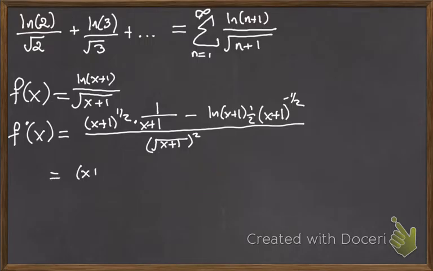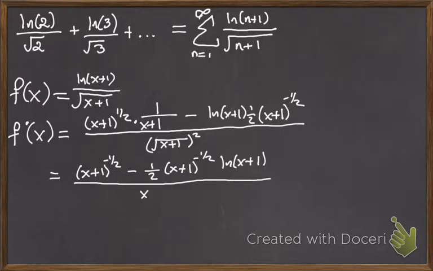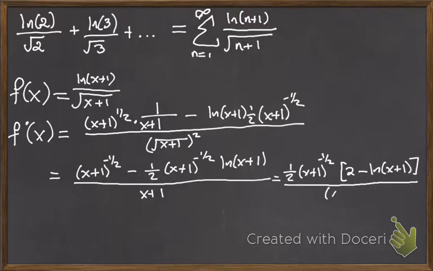So we're going to have x plus 1 to the minus 1/2 power minus 1/2 x plus 1 to the minus 1/2 power, natural log of x plus 1, all over x plus 1. We'll go ahead and factor out the 1/2 and the x plus 1 to the negative 1/2, leaving us with 2 minus the natural log of x plus 1, and then that's all over x plus 1.